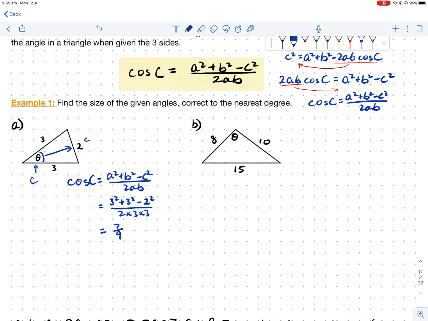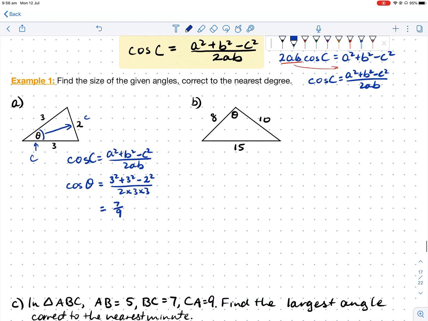Then to work out the angle, so cos theta, sorry, because we've used another letter, a pronumeral. So to work out theta, we need to get rid of cos, so it's inverse cos minus 1, 7 over 9. When you put that into your calculator, you get 38.9 degrees or thereabouts. So that's going to be 39 degrees to the nearest degree.